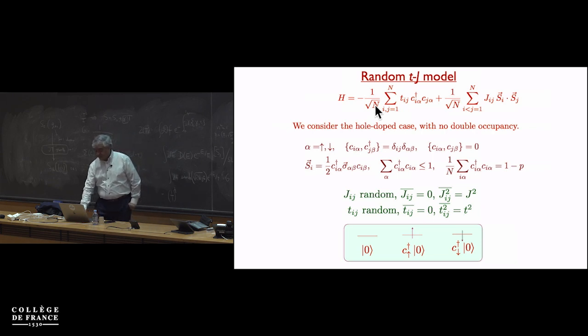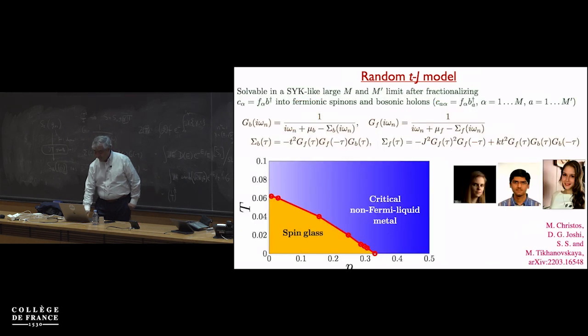So there's another approach that we've been playing with recently, and also actually was looked at many years ago by Peter Wölfle and Christian Haule and others, where you do this decomposition that Antoine described, but now you do it by taking a double large M limit. You put also an index on the boson, which goes from 1 to M prime.